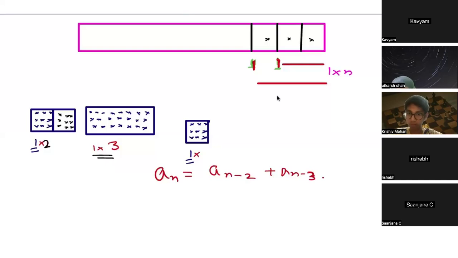You have 3 types of tiles, one is 1 cross 1, one is 1 cross 2, one is 1 cross 3, right? No, arre no, there is some problem in this.